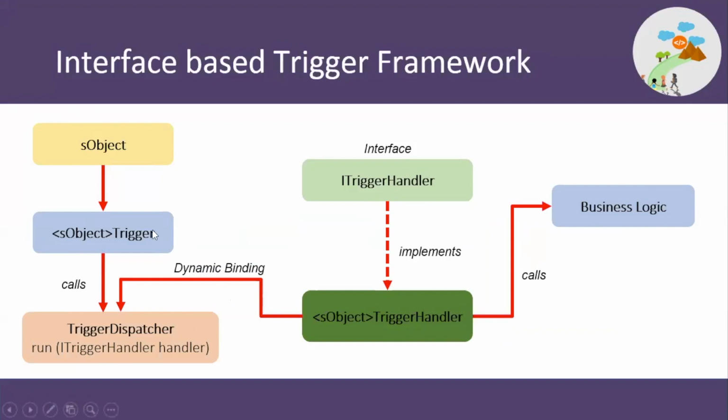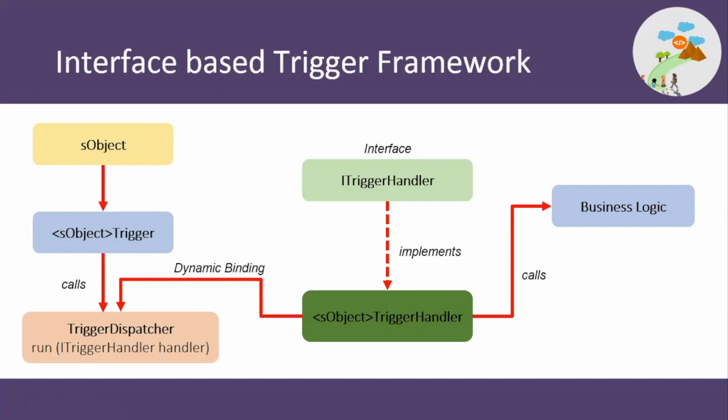So there is of course a trigger, because the trigger is your sole point of invocation. Then there is something called a dispatcher. Your dispatcher is the one which is going to delegate control to the appropriate handler, right? So the handler piece remains the same. However, there is an interface that we will be writing over here.